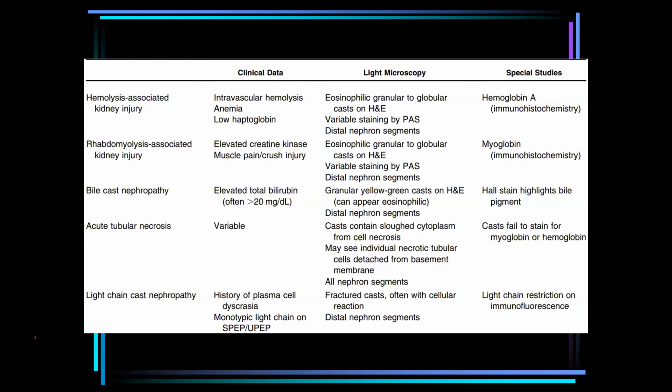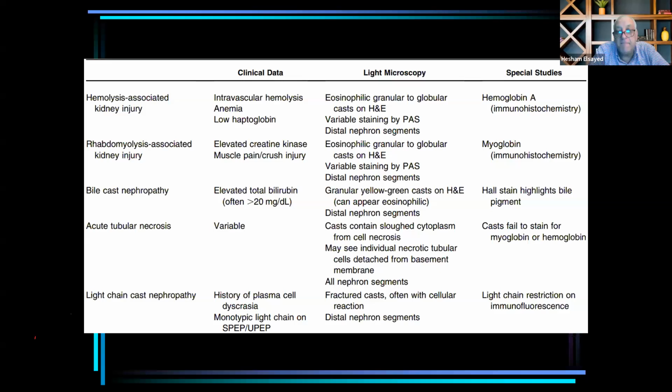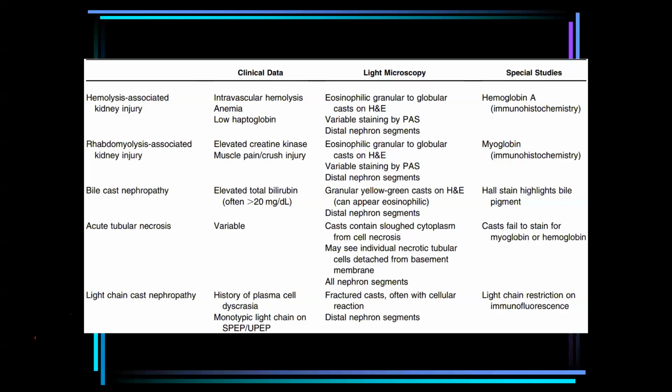Of course, the bilirubin that is usually toxic to the kidney is mainly the direct bilirubin. So it is stated here that elevated total bilirubin is more than 20 or more than 16, as I said before. But in the majority, it is the direct bilirubin that is the culprit. The indirect bilirubin is not that toxic.